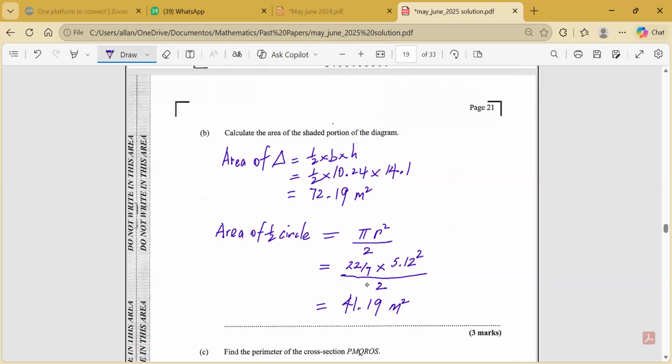That is another thing you all need to do on Tuesday: make sure you're working in degrees. Of course, you have to add up the 41.19 and the 72. But before you do that, make sure you're getting 41.19.